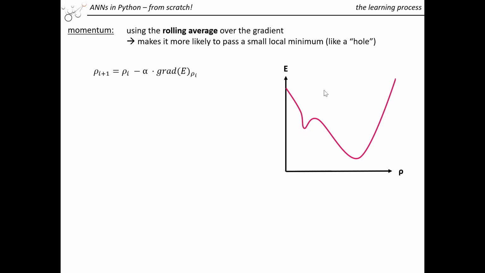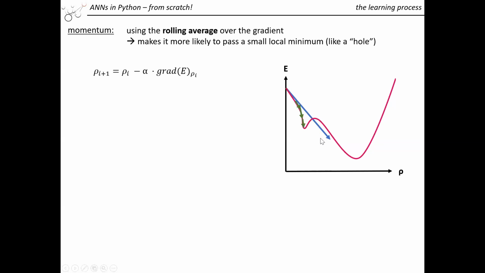So I want to illustrate this here. We can, in principle, get stuck here, and then it's gone. And we never will reach the actual global minimum. However, what makes sense then, instead of getting trapped in this local minimum, is to calculate something like the average of the gradient here.